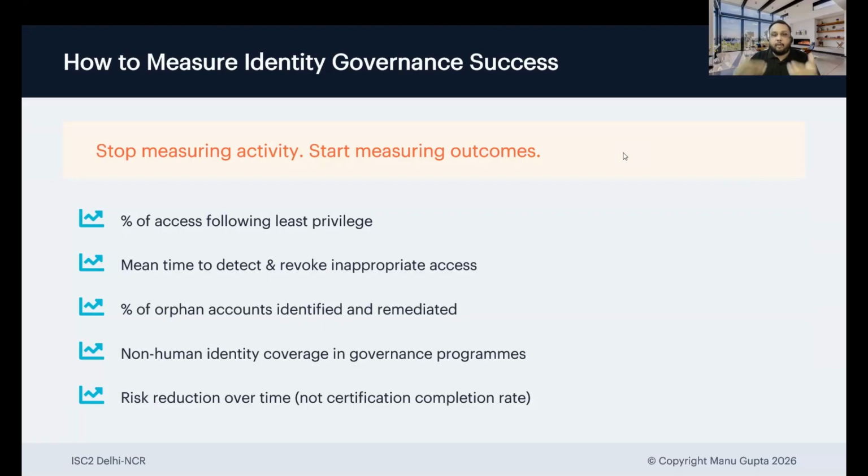Percentage of access that follows least privilege, mean time to detect and revoke inappropriate access, percentage of orphan accounts, non-human identity governance coverage, and risk reduction over time. So you use all that, create your metrics, your benchmark, and then use those to reduce risk over time, right?